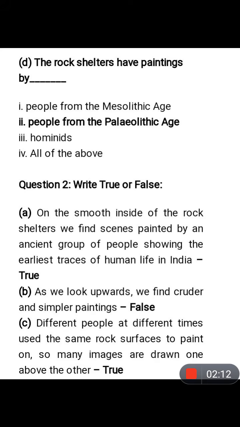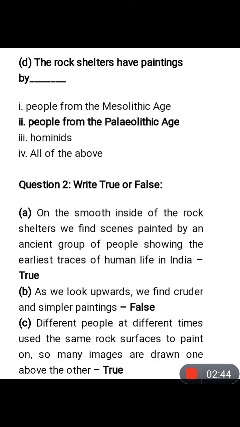Now we have the second statement: as we look upwards, we find cruder and simpler paintings. No, it's false, because as we were looking from downwards to upwards, what we observed was that the cruder and simpler paintings were at the bottom of the rocks, and the fine, more complicated and more complex paintings were on the upper part of the rock centre.